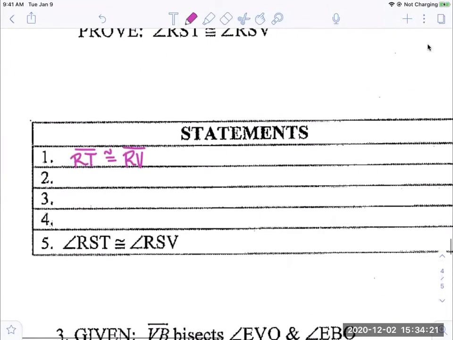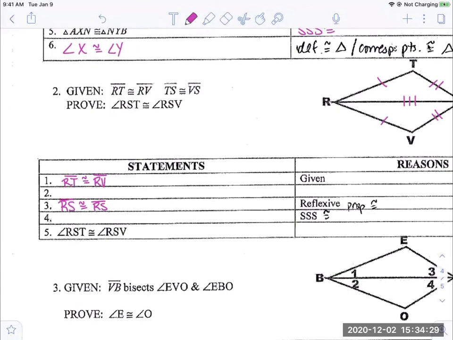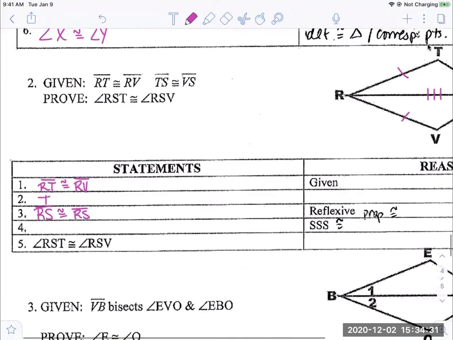Segment RS is congruent to segment RS. Is that step? And so our other given of segment TS is congruent to segment VS will be our other given.